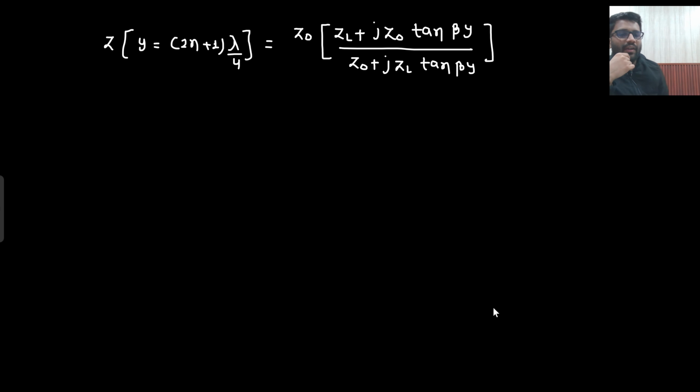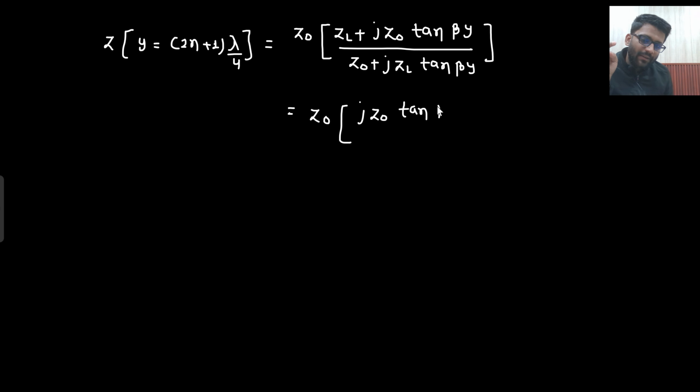Now I know that this term is very large compared to ZL, since tan beta y is already infinity. So I can ignore ZL in the numerator, and in the denominator I can ignore Z naught, because infinity plus anything is infinity only. So this Z naught remains there as it is, because it is multiplied.